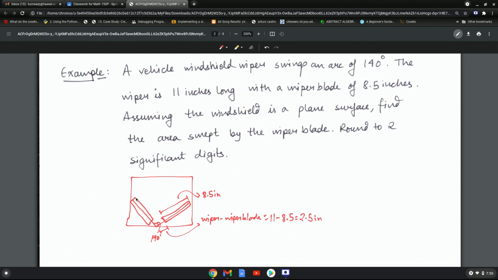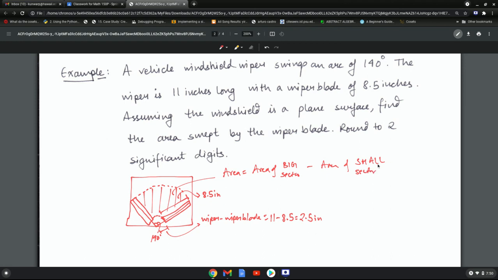Now, as the wiper sweeps on the windshield, the top of the wiper makes an arc, and so does the bottom of the wiper. So what we are trying to find is the area of this shaded region. Now what you will notice here is that this area equals the area of the big sector minus the area of the small sector.